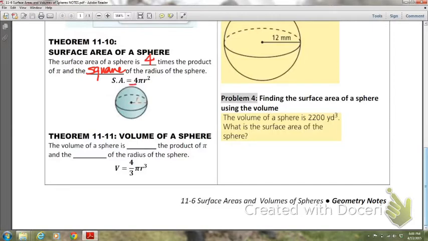So it's 4 times pi r squared, or 4 times the area of that circle that's the great circle that's in the middle of the sphere. In the volume of a sphere, the volume of a sphere is going to be 4/3 the product of pi and the cube of the radius.